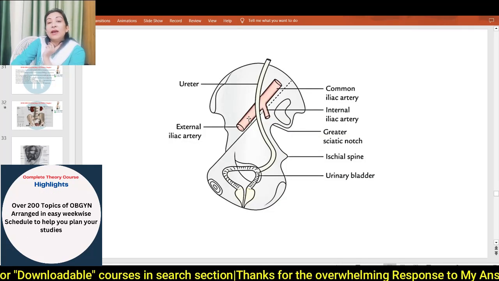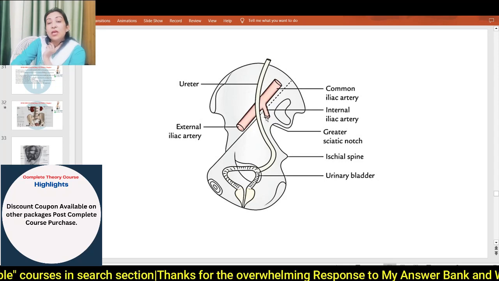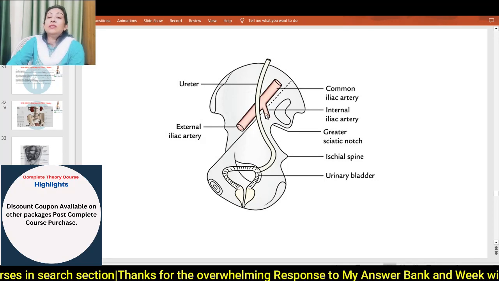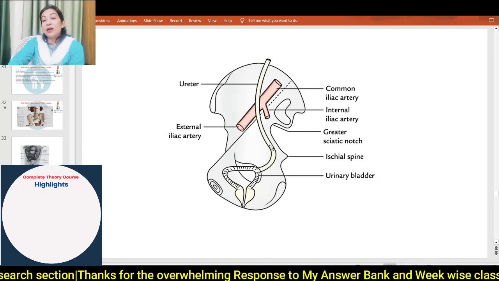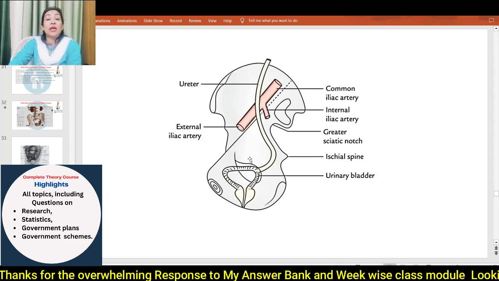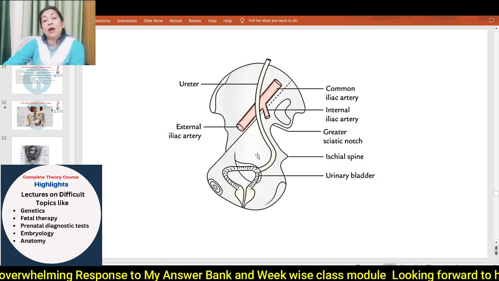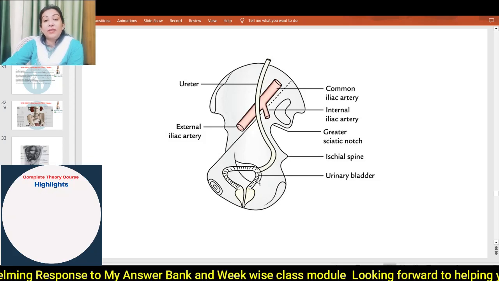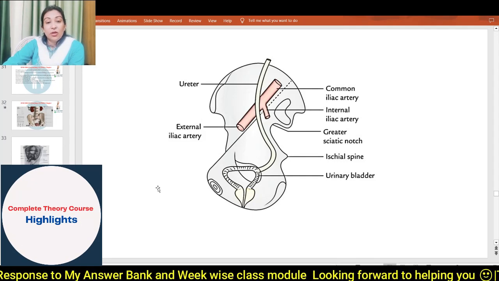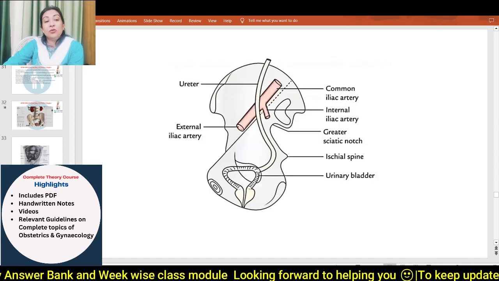Here's the common iliac artery, external and internal iliac artery, and it's lying right at the junction of this. After a while, the internal iliac artery will give away the uterine artery branch, and then you'll see that the uterine artery runs absolutely 90 degrees to the ureter, actually over the ureter, and this is called water under the bridge. So over here, if you can see, you saw this.